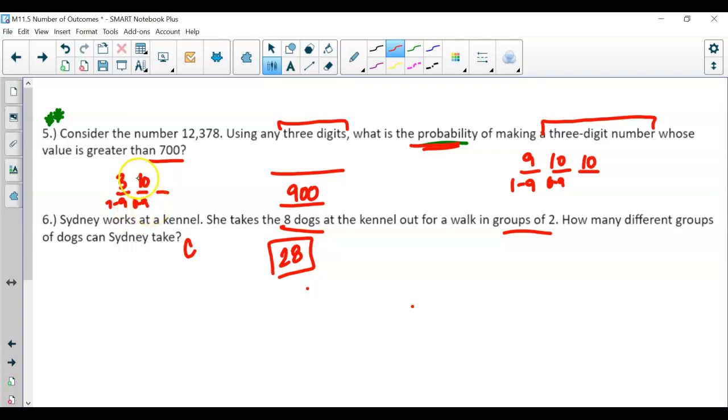Because this could be, like what we just said, 701. Then how many digits are here? 1 to 9, right? Because you can't have 0 because then it's not greater. So times 9. So there are 270 different ways of making a number greater than 700. So that is your probability, which simplifies to 3 out of 10.